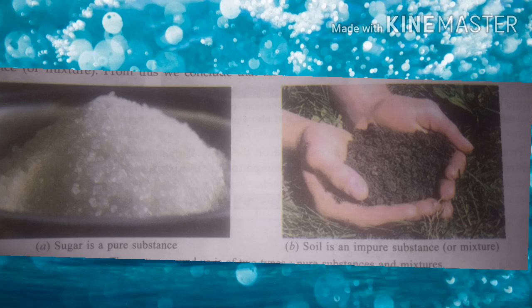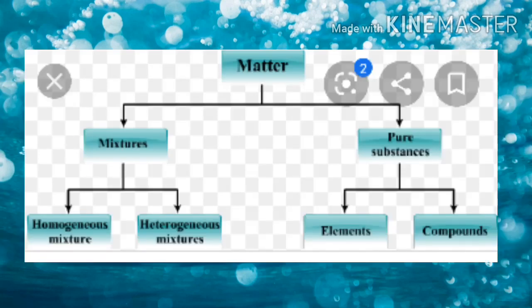For example, the soil contains clay particles, some grass particles, and even some dead insects, etc. Now, sugar, which contains particles of only one kind, is called a pure substance.